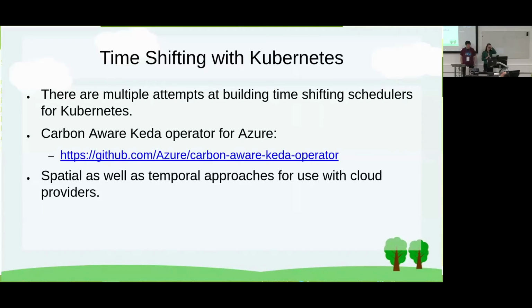As well as temporal time approaches, it has spatial approaches for use with cloud providers. I don't know if it's just Azure or other ones, but that's a tool that you may be interested in if you use Kubernetes.